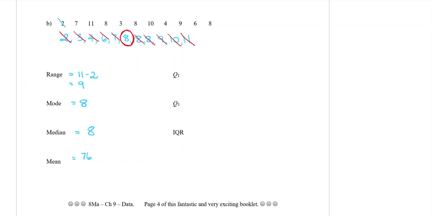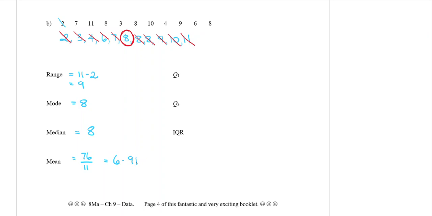So 67 and that one's 76. Oh, just to be tricky. Okay, divided by, we count up how many numbers we have. 1, 2, 3, 4, 5, 6, 7, 8, 9, 10, 11. So we're dividing by 11, which makes 6 point, what did you get? All right, so 2 decimal places, 6.91 I think will be sufficient.